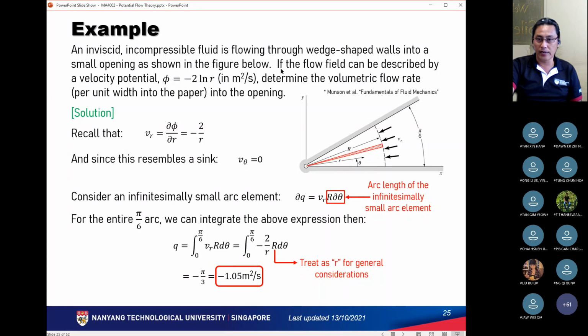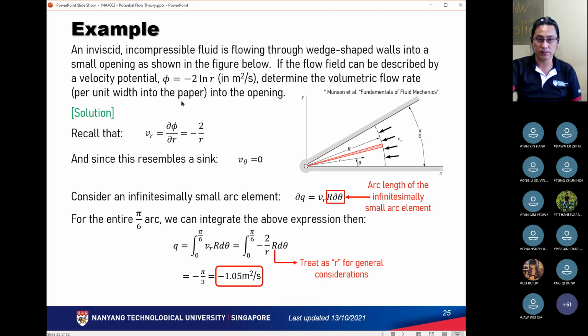We're told that the flow field can be described by a velocity potential function, phi equals -2 natural log r, with everything expressed in standard SI units. Determine the volumetric flow rate per unit width into the paper, that means the 2D flow rate, into the opening.